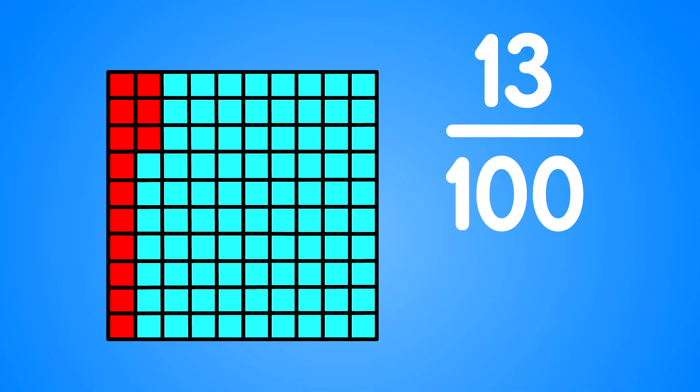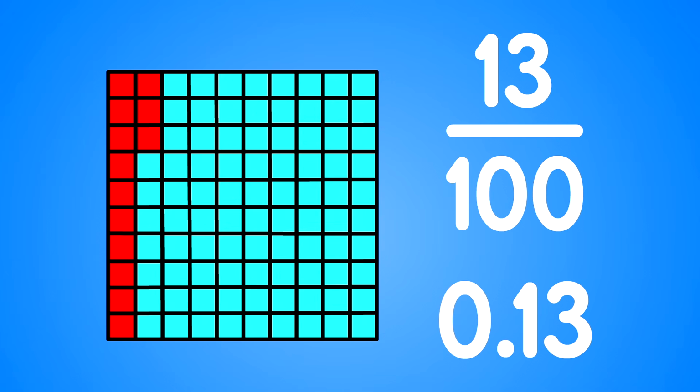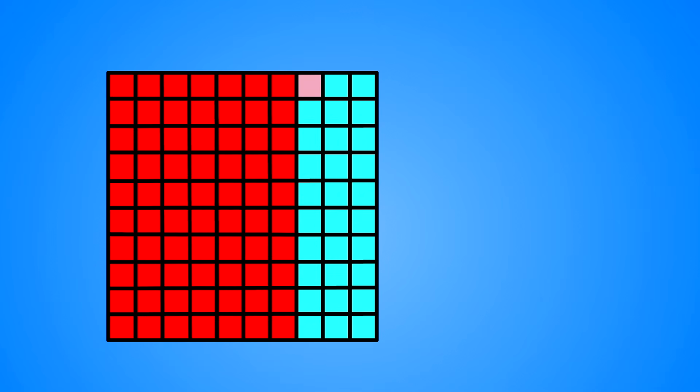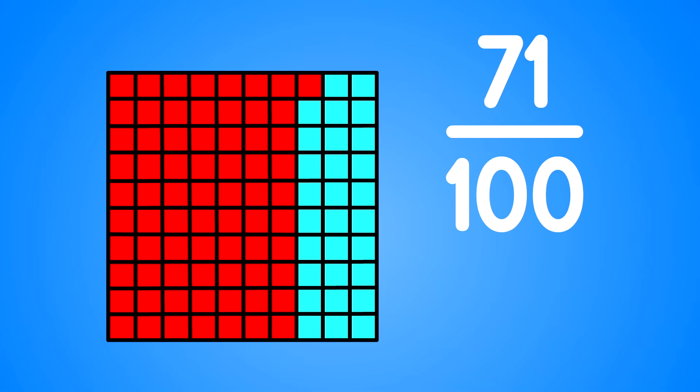Let me try one. Let's see. One full column makes 10 squares, and 3 more makes 13. That's 13 100ths, or 0.13. I'll do this one. There are 7 full columns and 1 more square colored red. So the fraction is 71 100ths, or 0.71. My turn!